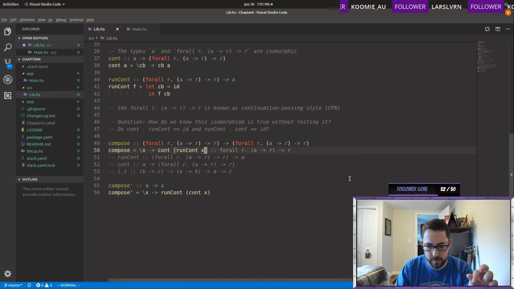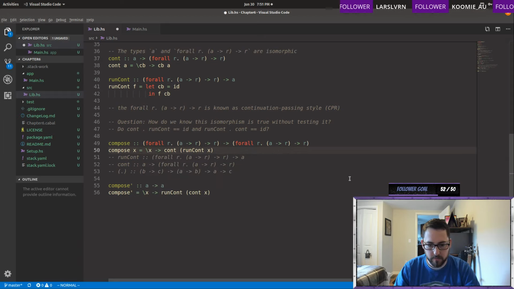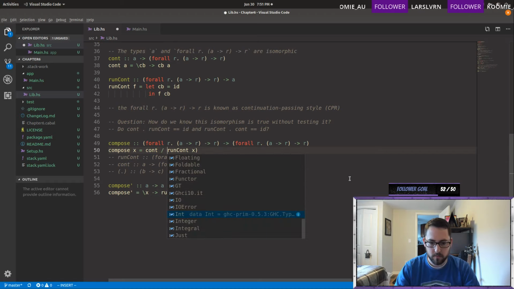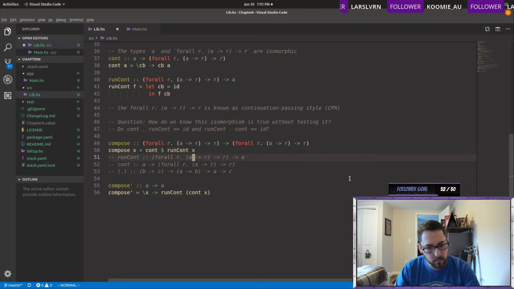Why are you using lambda syntax though? Because it doesn't work otherwise. If I put a dot, it fails. Or should I just do it? Are you saying like just do it like this? Apparently this is the same, right?